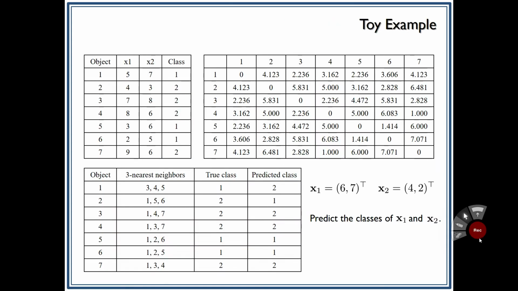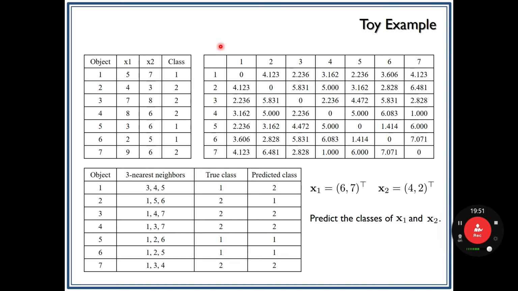Then here's a small example. Here we have a small example consisting of 7 data points, and as you can see from this table, this is a 2-dimensional case. This part shows the coordinates of the 7 data points and class labels, a 2 class case, class 1 and class 2. And then this one is a distance matrix.